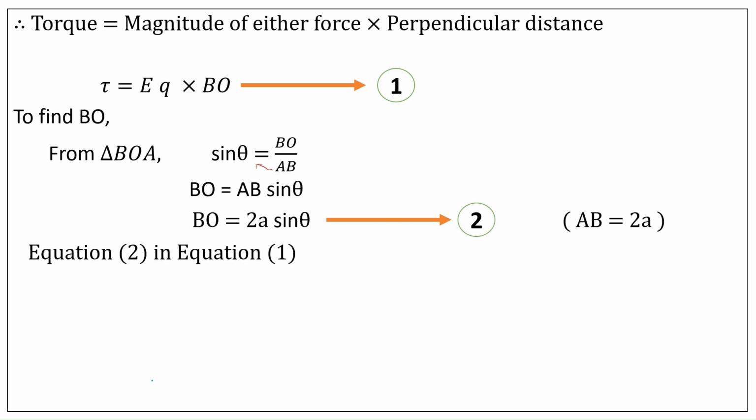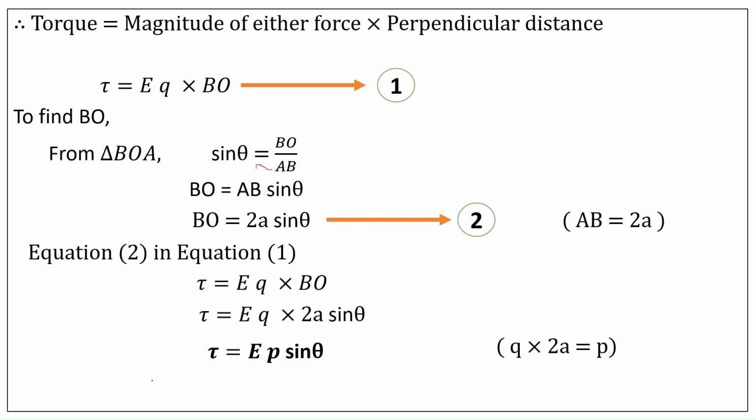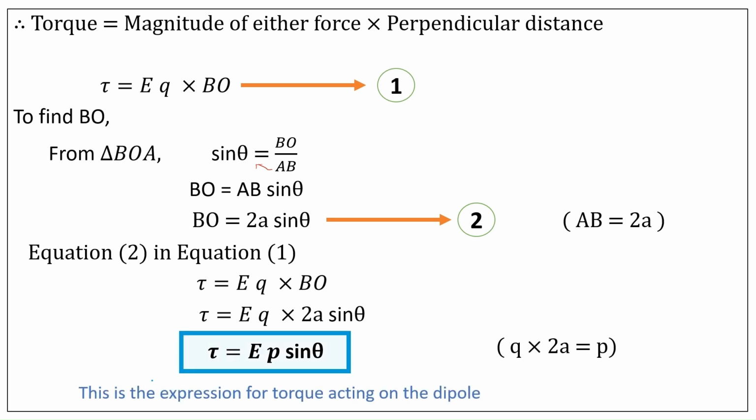Now, substitute equation 2 in equation 1. We get τ is equal to EQ into BO. That is, τ is equal to EQ into 2A sin theta. But Q into 2A is equal to P. Therefore, τ is equal to EP sin theta. This is the expression for torque acting on the dipole.